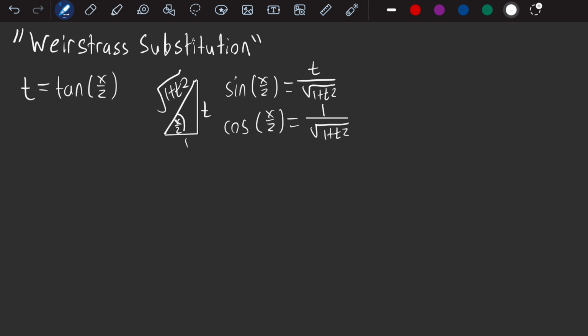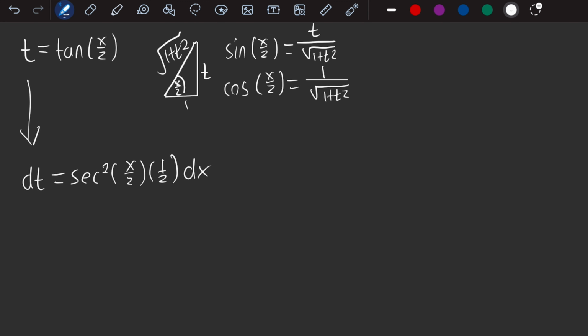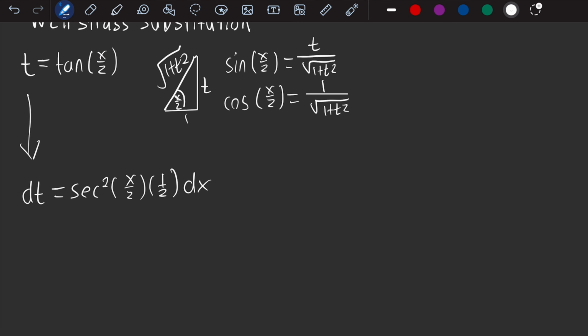Now let's take a look at what dt is going to become, because remember, we're using this to help us integrate, and so we need to find dt and get dx expressed in terms of dt. So dt is equal to secant squared of x over 2 times 1/2, because of the chain rule, dx. And this might look like we've made it worse, but actually we can look at our little triangle diagram and realize that secant squared is just the reciprocal of cosine squared.